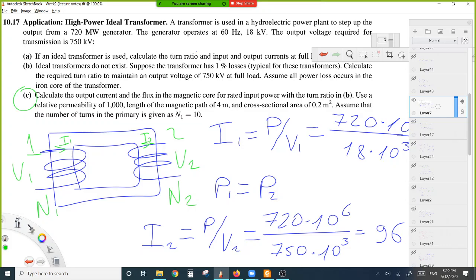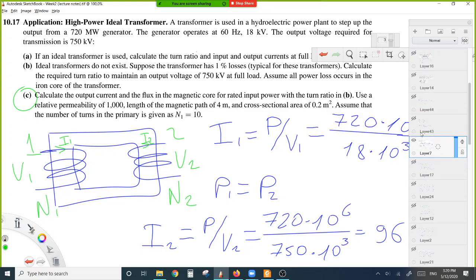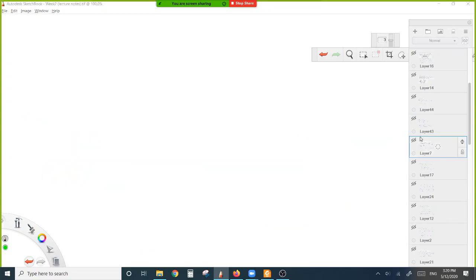You use certain formulas and compute. You can compute the output current in the transformer.